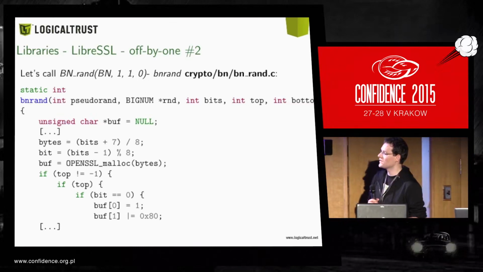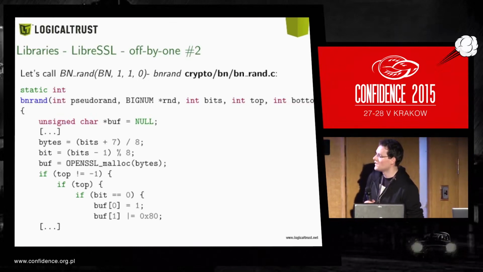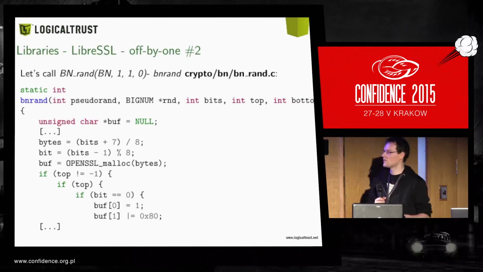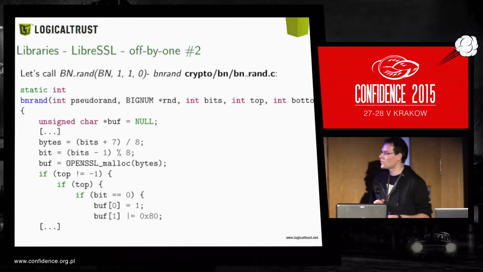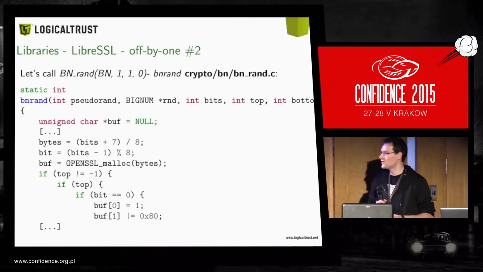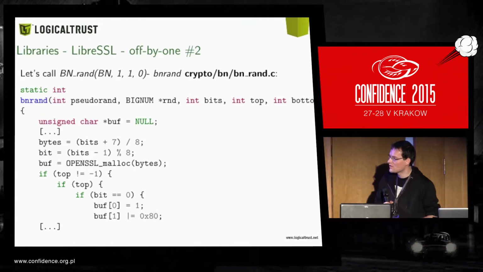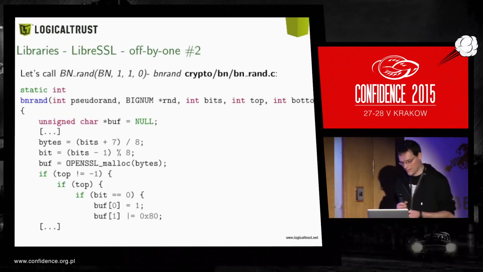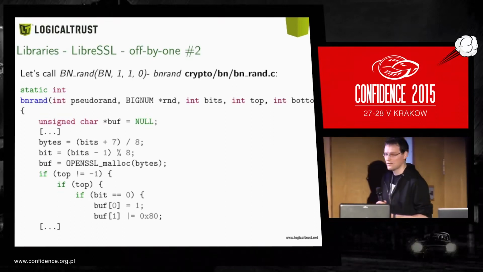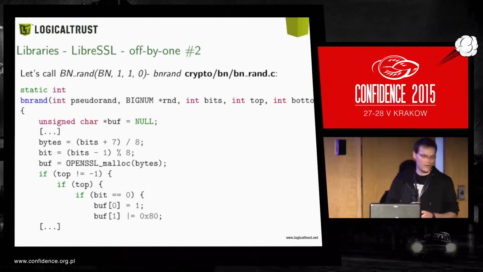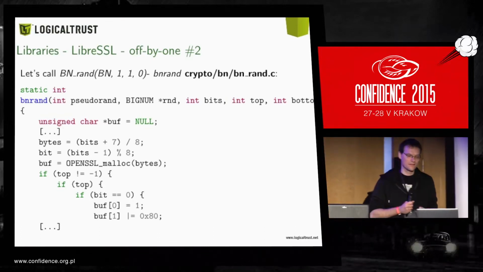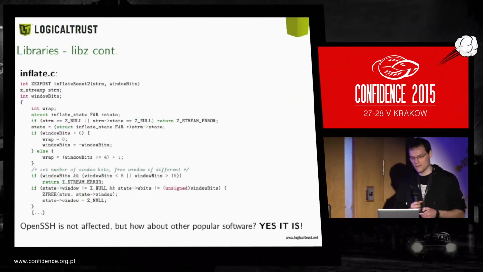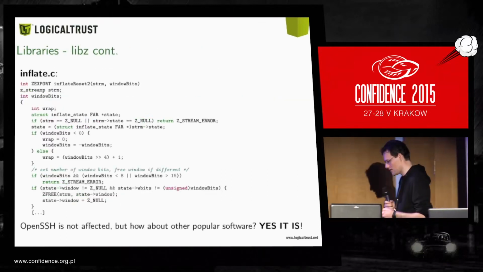If you put 1 into the bits, then you will get bytes equals 1. So we would allocate 1 byte of memory, but here we are actually writing 2 bytes, or affecting 2 bytes. So another off by 1 example.